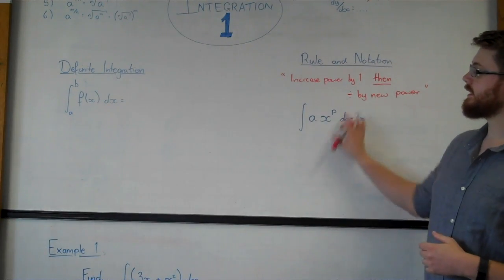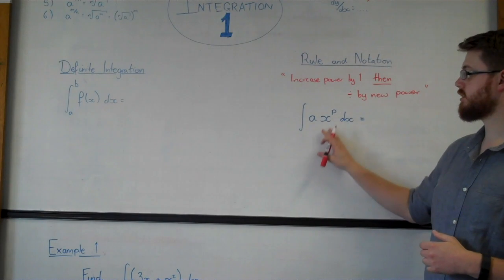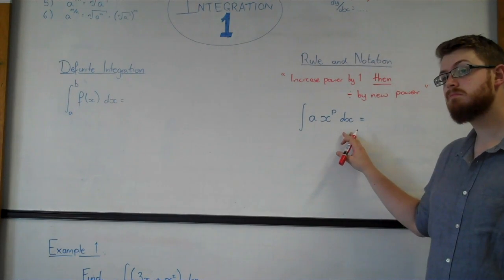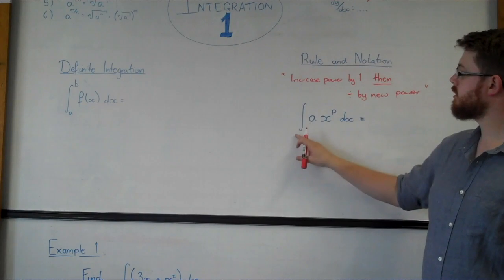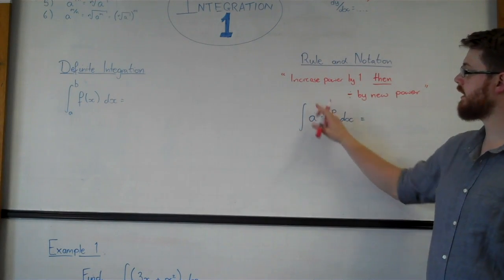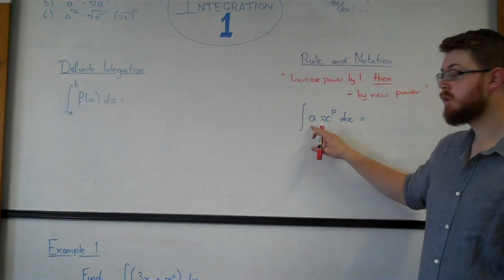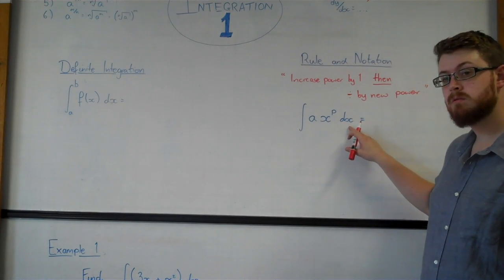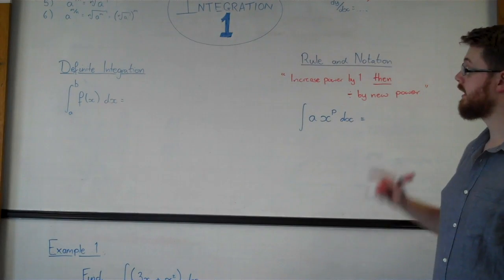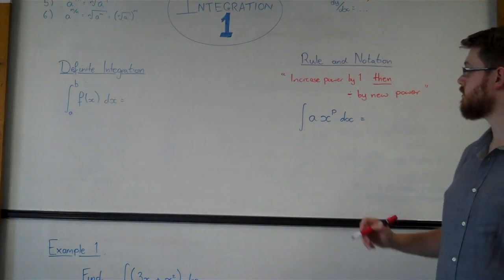So the key thing is that this ax is going to stay there. This notation here, with this weird elongated s and the dx, tells us we're integrating. Now that notation is very, very important.